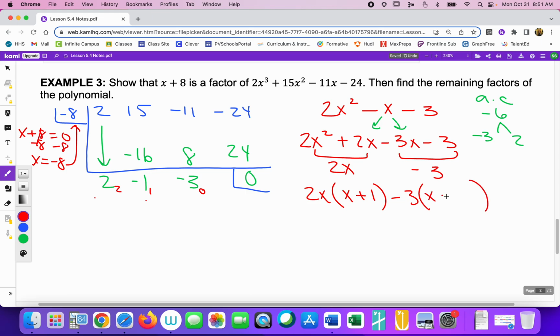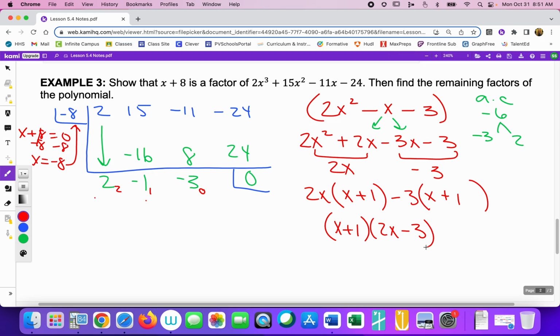X plus 1. So this whole portion factors into an x plus 1 and a 2x minus 3. But we also proved that that one was the original factor, the x plus 8.